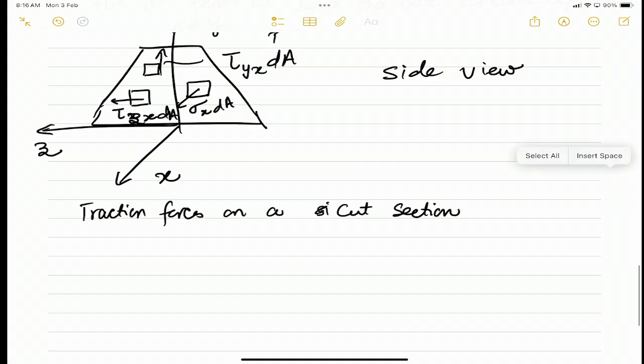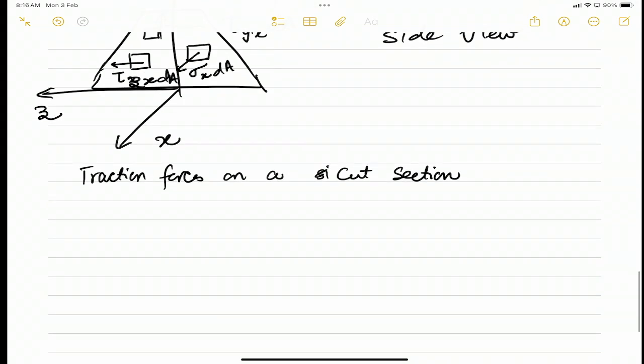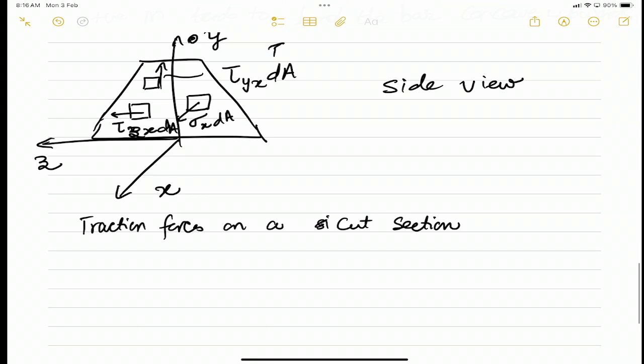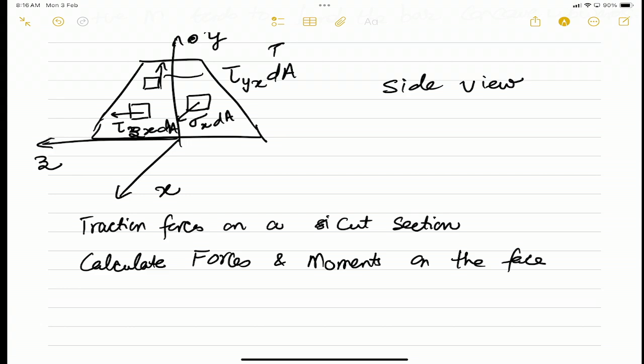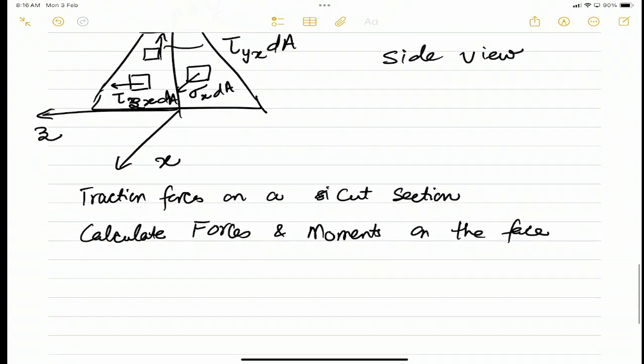Now, if I calculate forces and moments on the face, that means I have to integrate over the area.